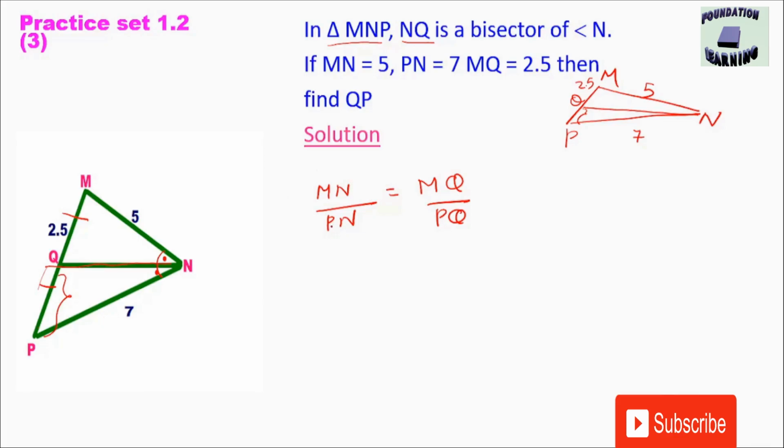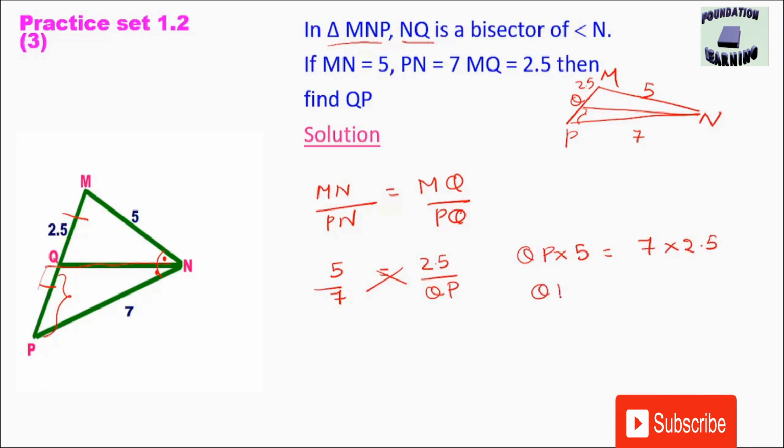So MN upon PN, let's write the values. MN is 5, PN is 7, MQ is 2.5, and PQ or QP, it means the same. You can write PQ or QP, we'll write QP because it's given in the question as QP. And now we'll cross multiply. So what will we have? QP into 5 is equal to 7 into 2.5.